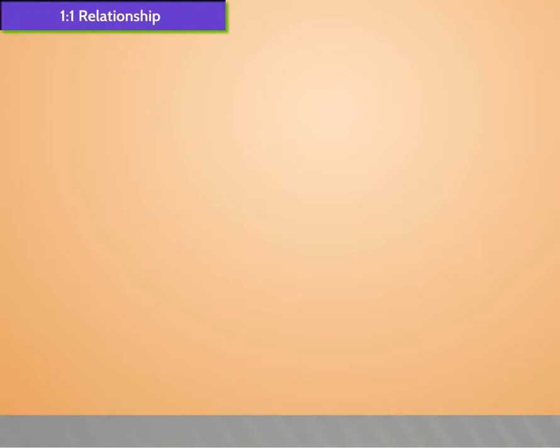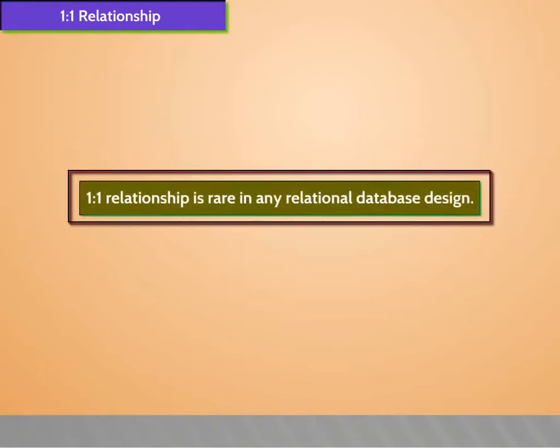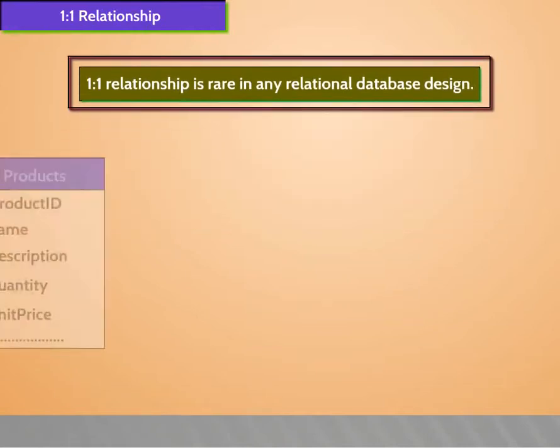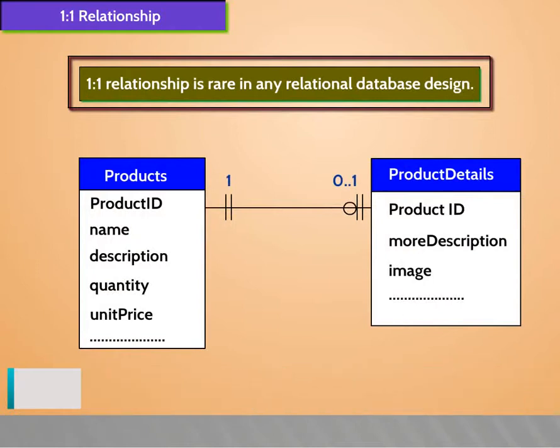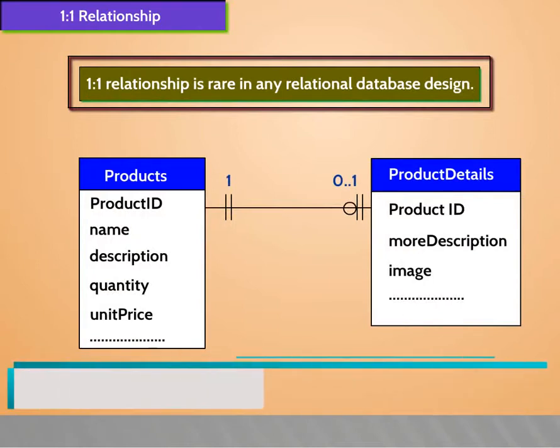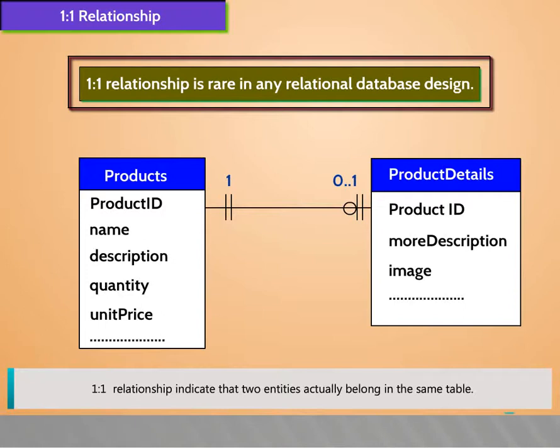1:1 relationship. 1:1 relationship is rare in any relational database design. One entity can be related to only one other entity and vice versa. One-to-one relationship indicates that two entities actually belong in the same table.